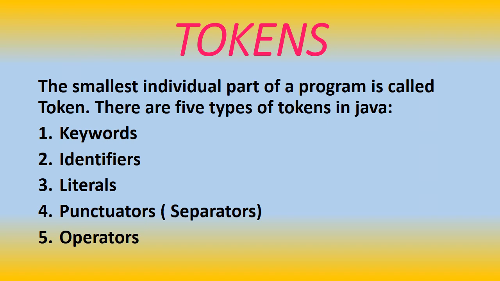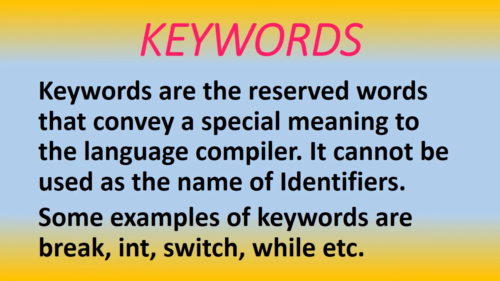So first of all, we'll discuss about keywords. Keywords are the reserved words which can be used in the Java programming for some special purpose. It conveys a special meaning to the language compiler.